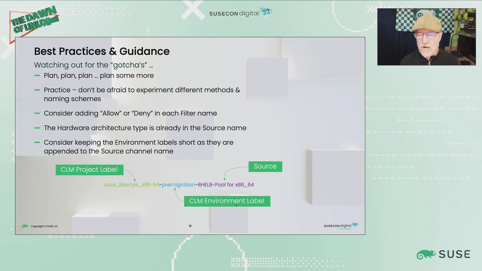Then I've got an environment label called pre-migration. That's then appended to the source label where my sources are coming from. So you can see this becomes a very, very long string. This is a good example here. I didn't need to add the x86_64 in this example because I've already got it in my source. So I could have kept this even shorter by just saying SUSE Liberty 8, pre-migration, and then rel pull.